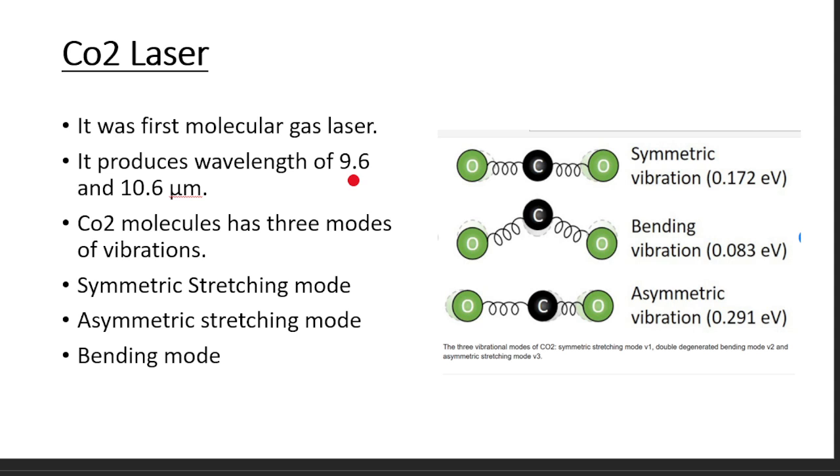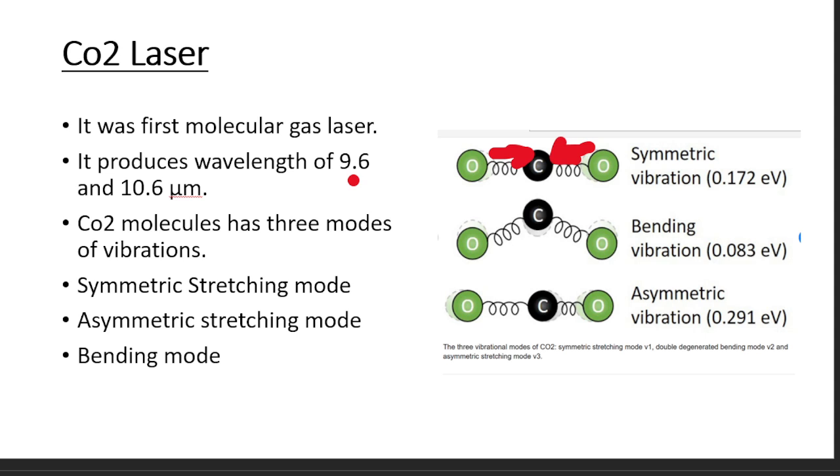So, what is symmetric stretching mode? In this mode, your carbon atom is at rest and your oxygen atoms move towards or away from the carbon atom simultaneously. So, this type of vibration is known as symmetric.